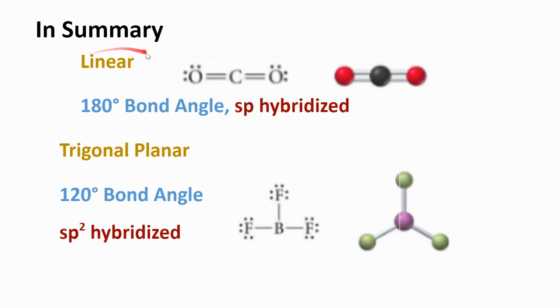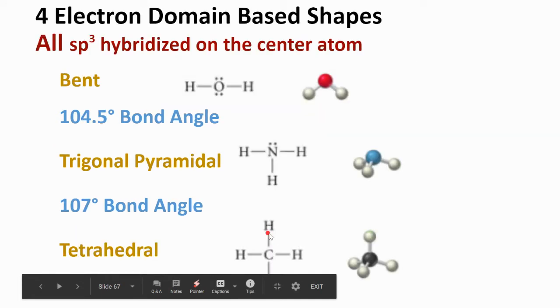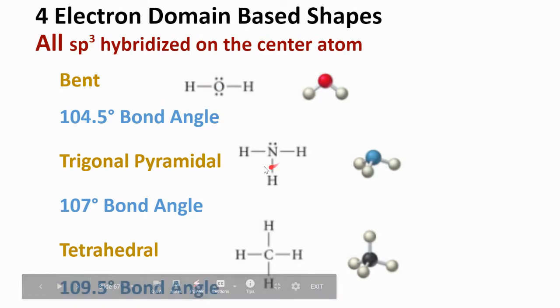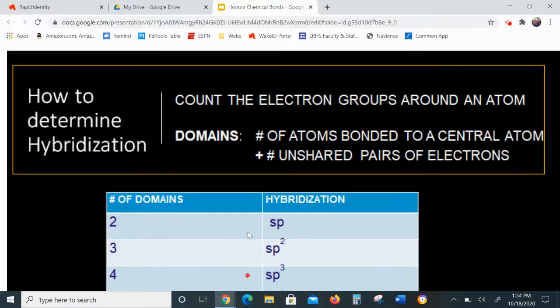So sp hybridized has two electron domains. Sp2 hybridized has three electron domains around the center atom, and we're only talking about the center atom. Sp3 hybridization has four electron domains around the center atom.